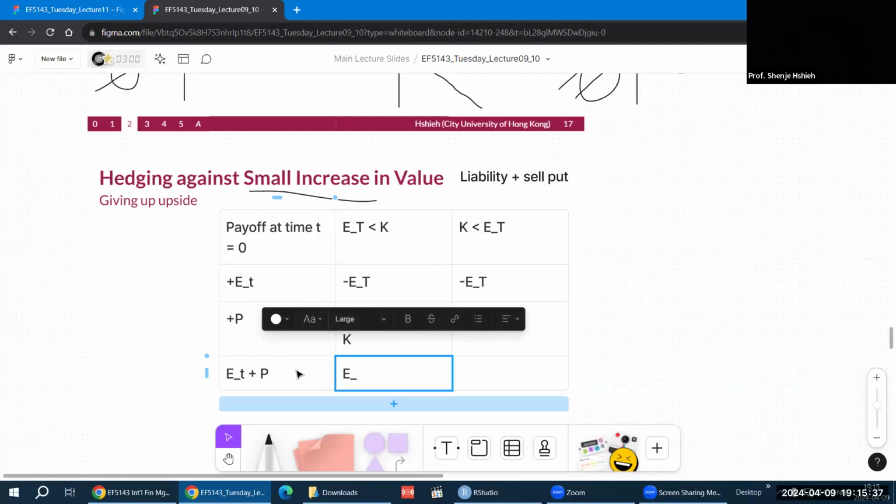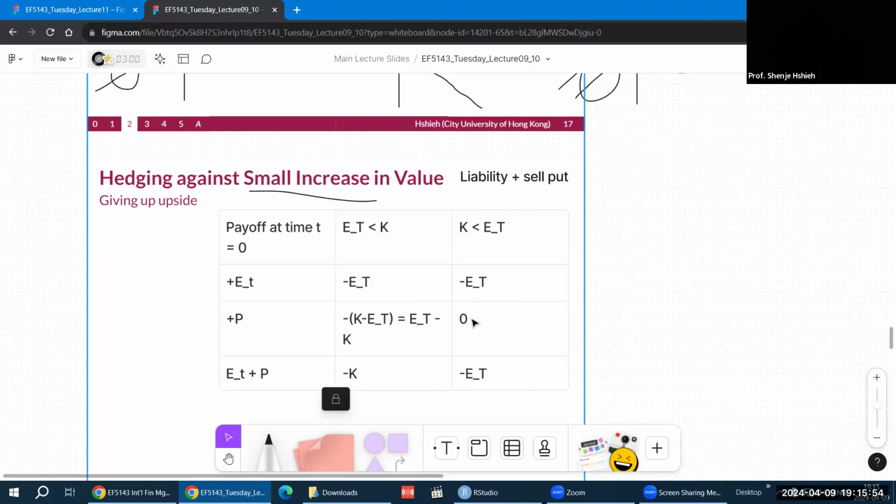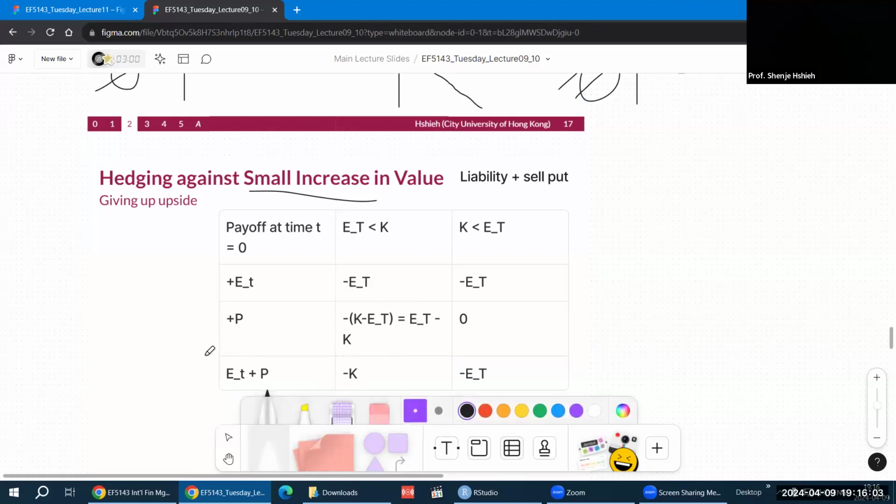The overall portfolio is minus K and minus E_T, because minus E_T plus E_T cancels out, so all you're left with is minus K. And if we add everything together, realize that this can't be negative, because you're paying to lose money, which doesn't make any sense.